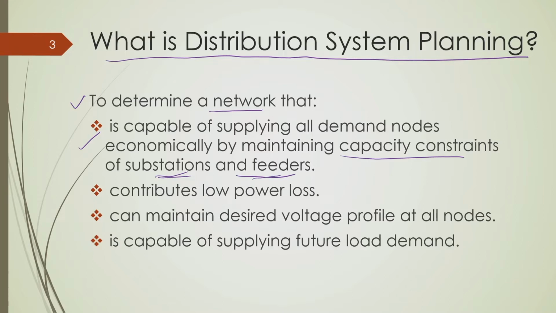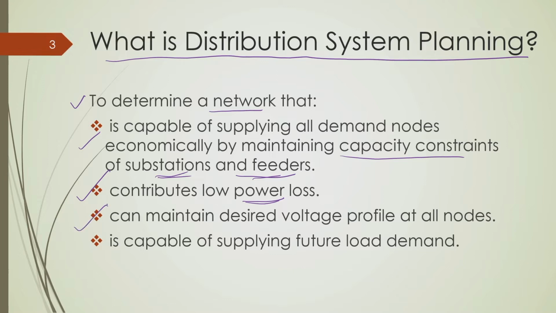I will talk about what are those things. Second is obviously that the network should incur as low power loss as possible. Power loss minimization, you have seen, is one of the goals for people doing research in distribution networks, as well as the distribution network owners and operators.